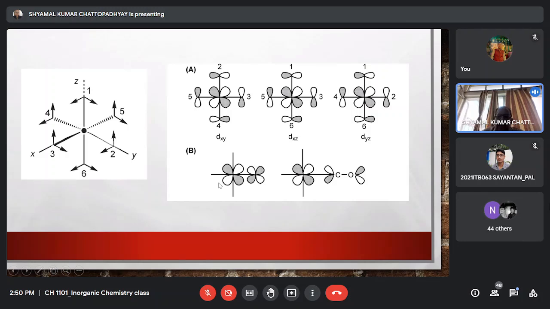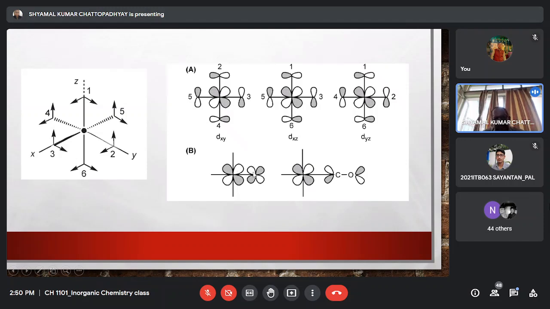Now there may be another type of pi bonding where we have a d orbital of the ligand overlapping with the d orbital of the metal, so it is a d-pi d-pi overlap. In d-pi d-pi overlap, generally there may be 2 kinds of situations. One is that the metal is the acceptor and the ligand is the donor.